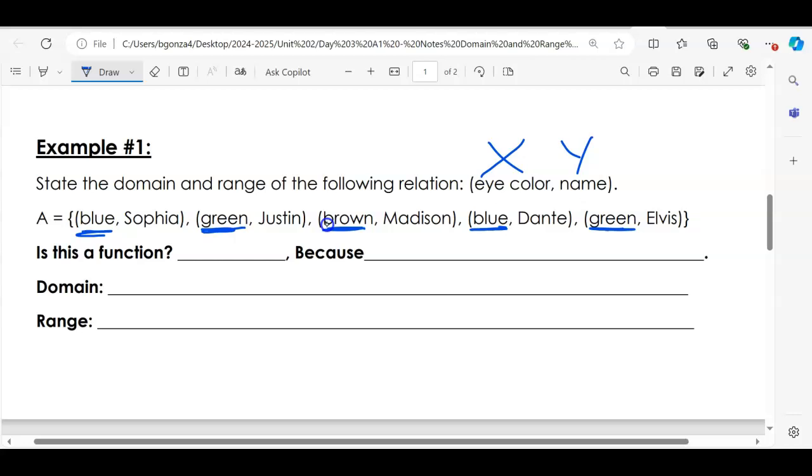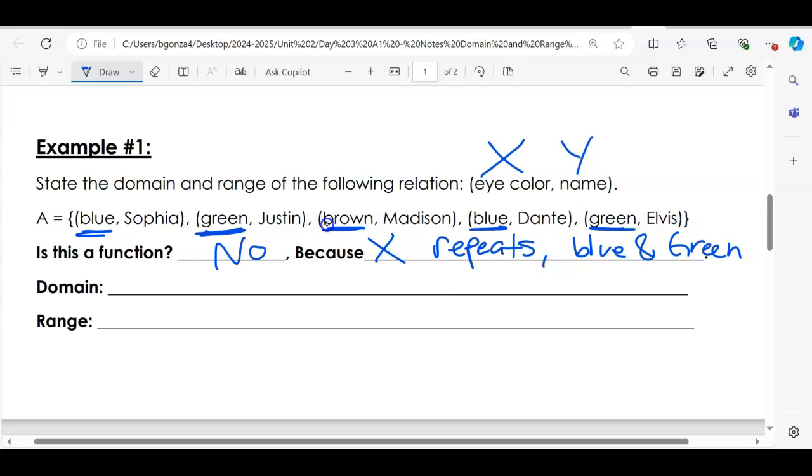Blue and green. Blue happens more than once. Sophia and Dante. Green happens more than once. Justin and Elvis. Since the X repeats, it is not a function. No. Because X repeats. Blue and green. Cool.